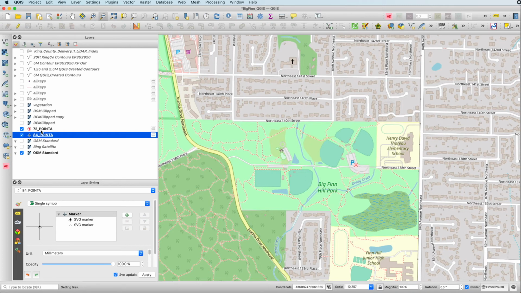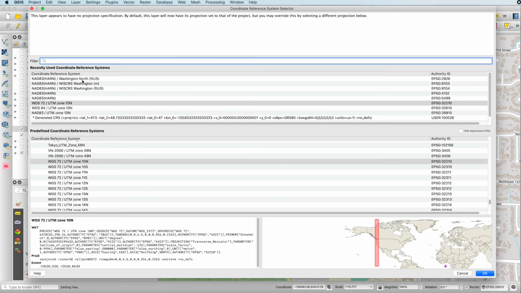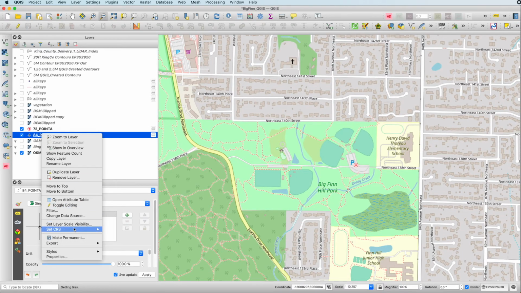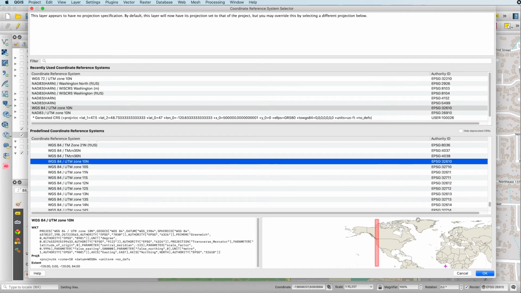Now, the first point, 72 point A, is actually in the datum of WGS 72 UTM Zone 10, an EPSG code of 32210. The other point is recorded in a CRS of WGS 84 Zone 10 North. So different EPSG code of 32610 versus the geographical reference system of WGS 72. Different datums, but they're in the same spot on the map.